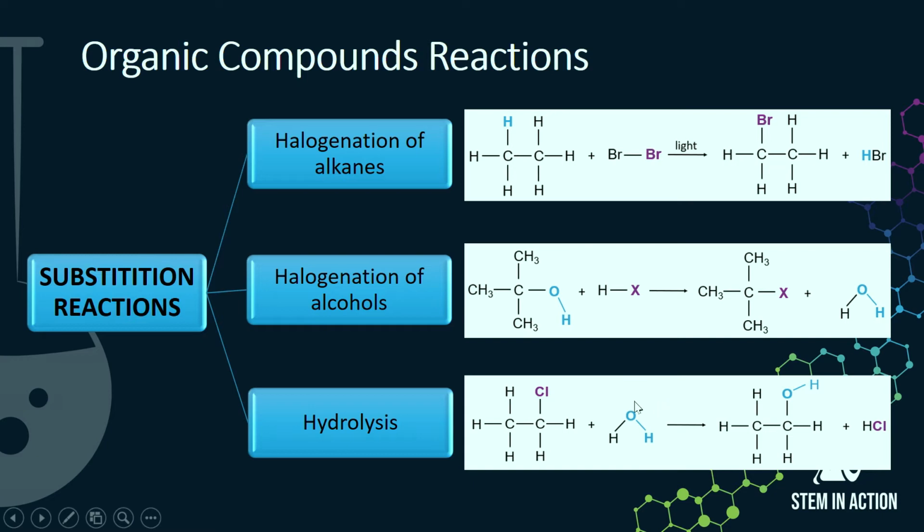And we are reacting with the water. And what happens here is that we substitute the halide group with an alcohol group or OH group here, and we get a byproduct which is simply the removed or substituted halide combining with the remaining hydrogen from the water to be one of our byproducts.